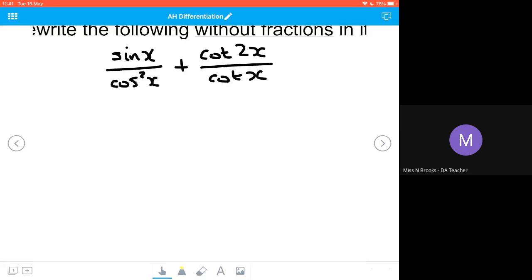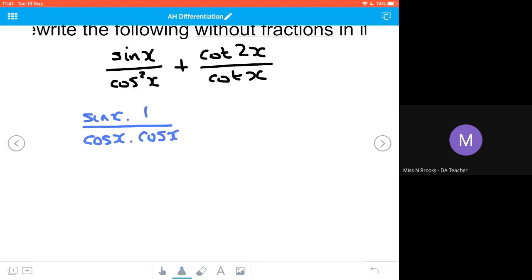So if we split that cos squared x on the denominator of the first fraction into cos x times cos x, then you can see that we're going to get our tan x function. So I'm going to rewrite the numerator as sine x multiplied by 1, and I'm going to rewrite the denominator as the cosine of x multiplied by the cosine of x.